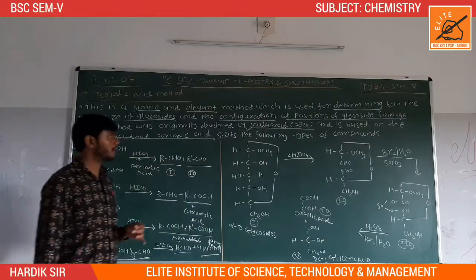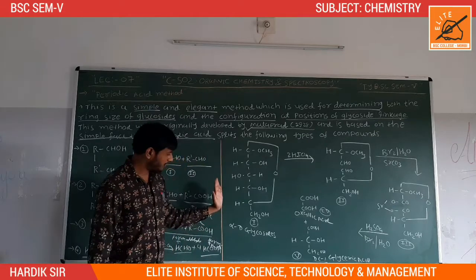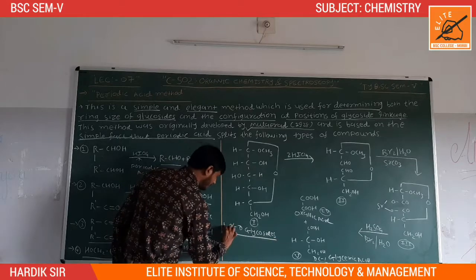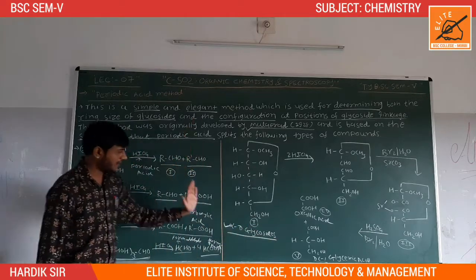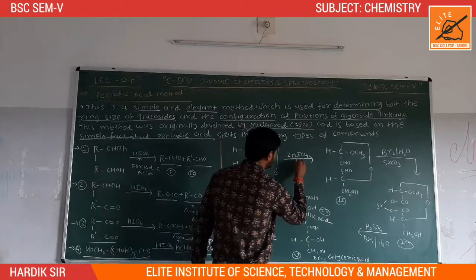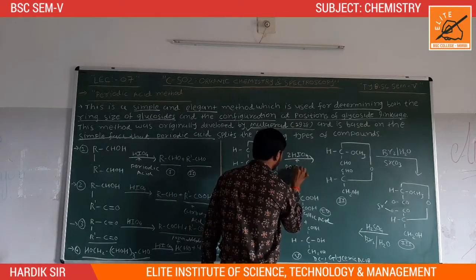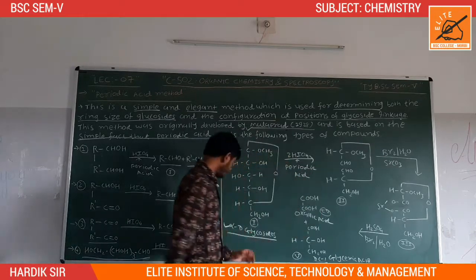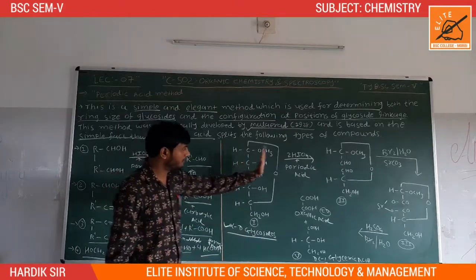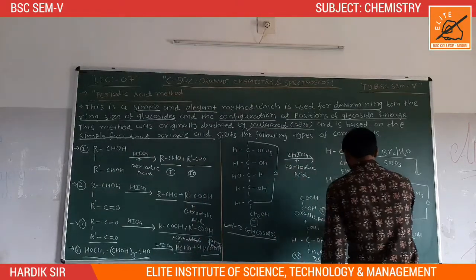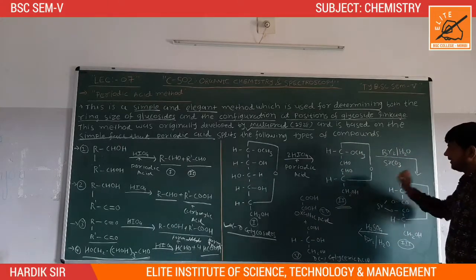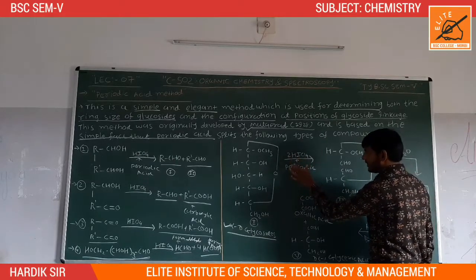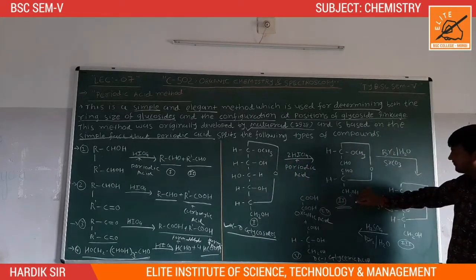Now we will learn one example. The compound is alpha-D-glycoside. Alpha-D-glycoside is reacted with periodic acid, 2 moles of periodic acid, to produce a first intermediate product.